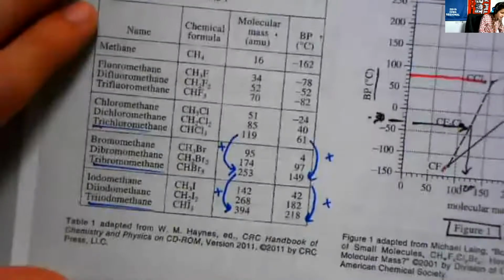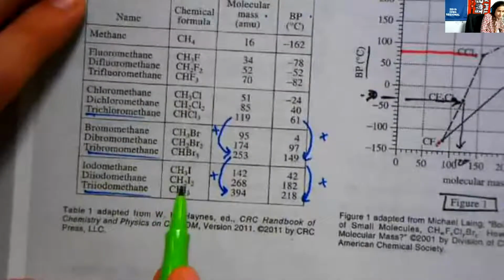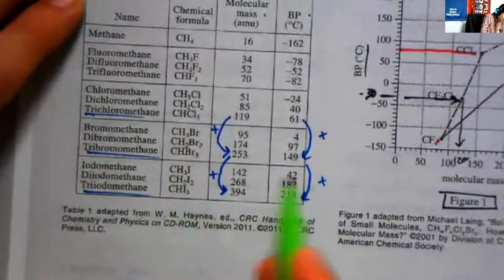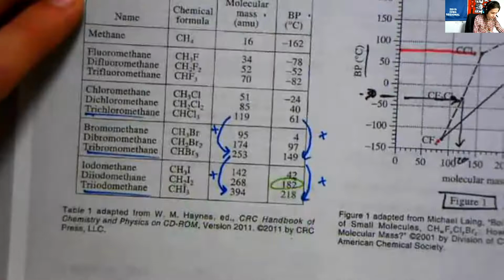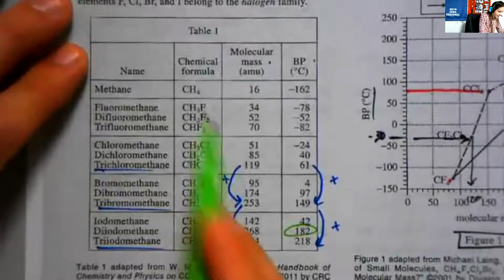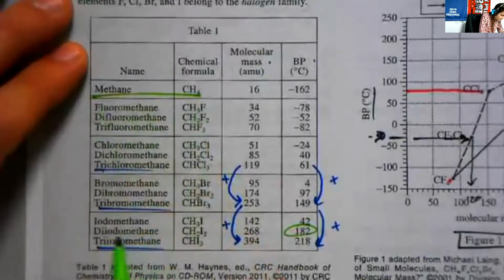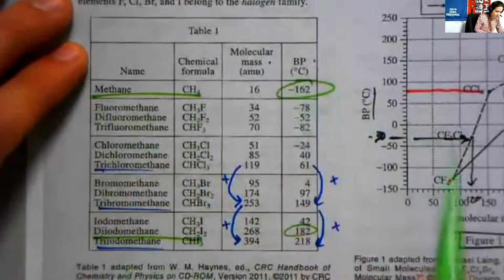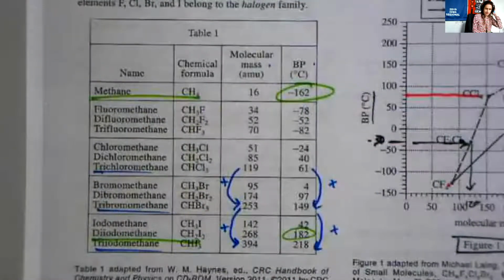All right, well, CH2I2 at boiling point 182, okay. Methane, CH4, negative 162. How far apart are those? Well, you could subtract them. You don't get a calculator though.